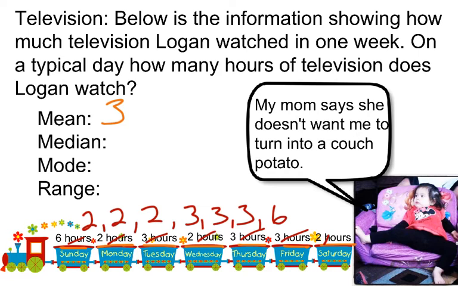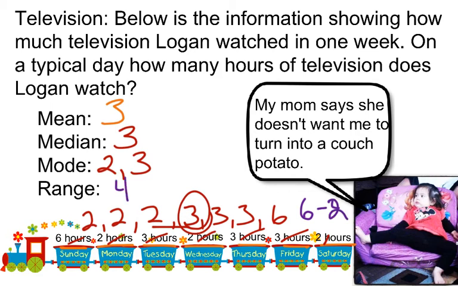So the median is the middle number, which we can see in this case is 3. Mode or most often, we have 2 modes, 2 and 3. It is possible to have no mode, and it is possible to have more than one mode. And then we have the range, which of course would be 6 minus 2, which is 4.